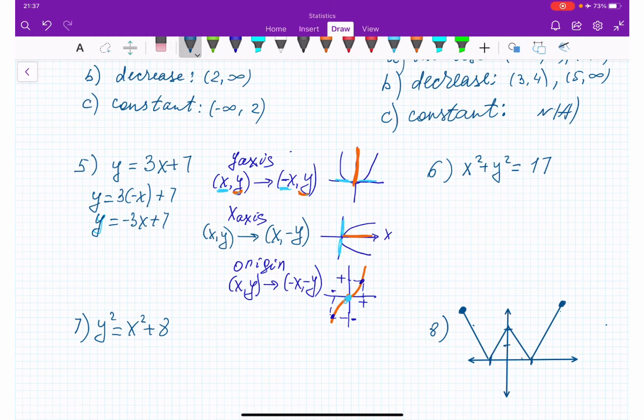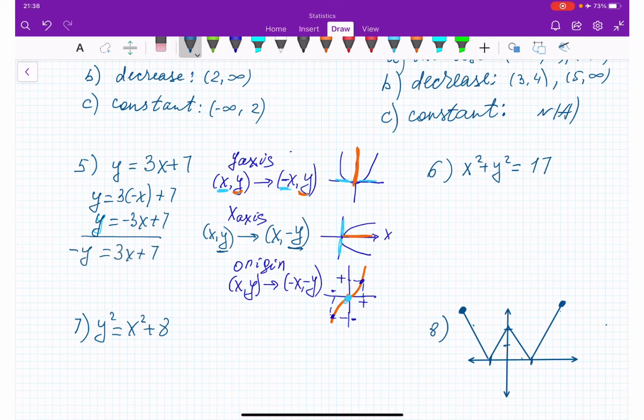Checking the next one, the x-axis. In this case, if I plug in negative y, I should get the same x, correct? Okay, let's see. So now I'm plugging in negative y: negative y is equal to 3x plus 7.